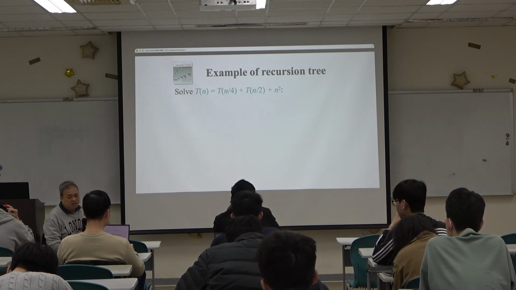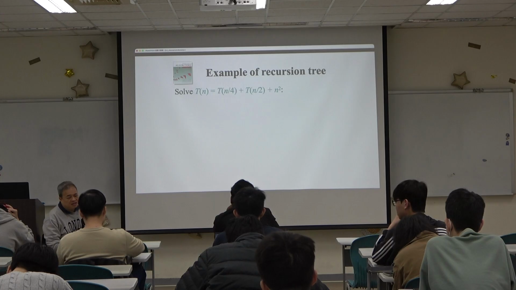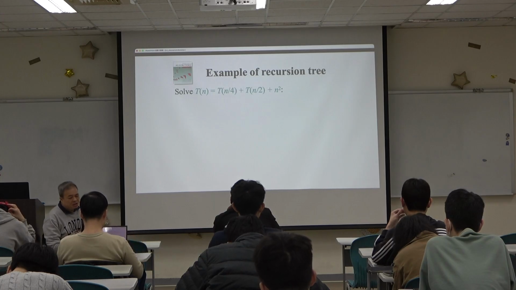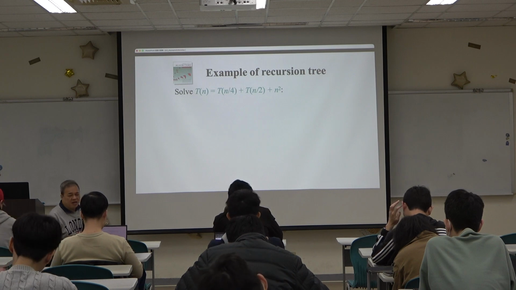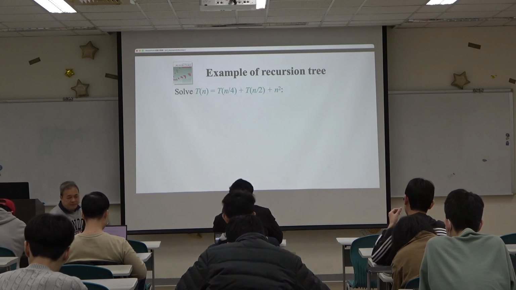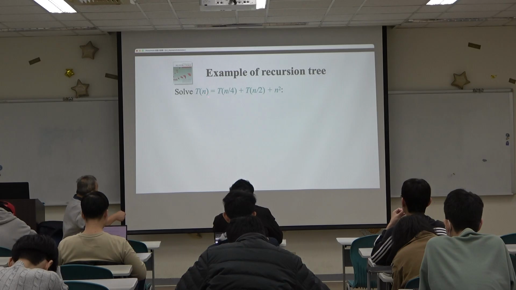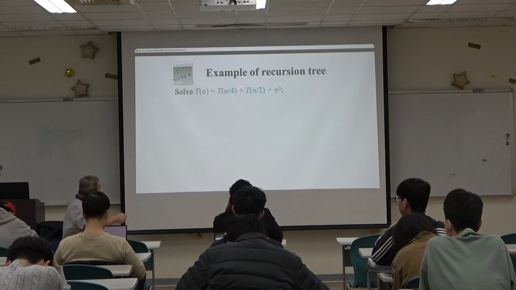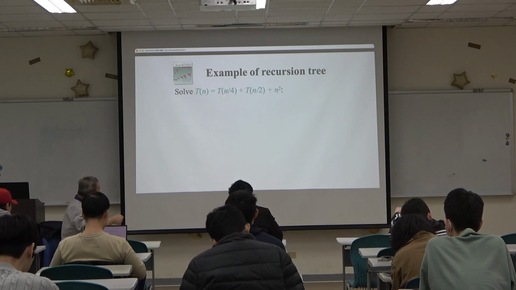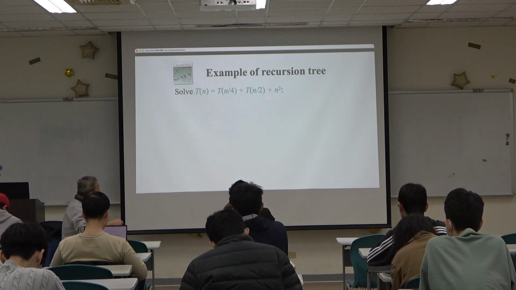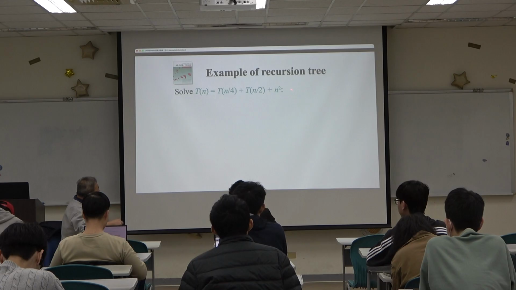Okay, and that is a simple application of the recursion tree. So now, okay, let's have a look at a more complicated example. So this is T(n) equal to T(n/4) plus T(n/2) plus n squared. This is a little bit more complicated, right?